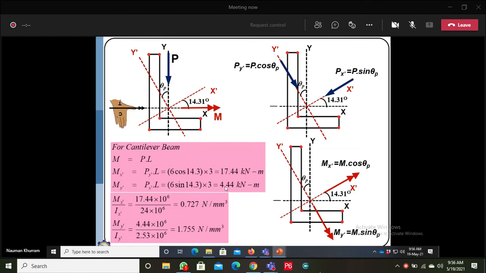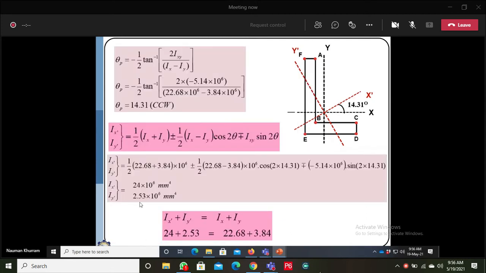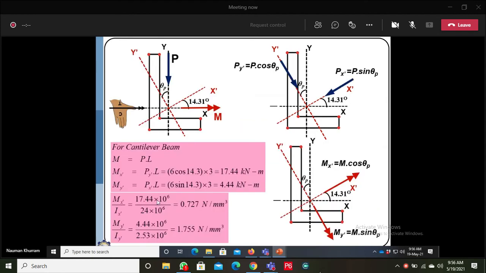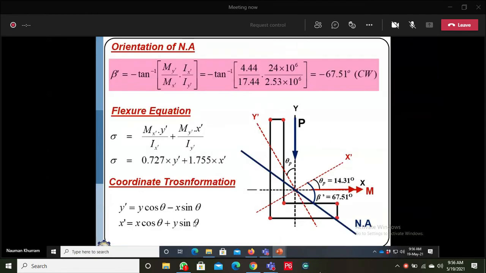My bar is 4.44 into 10 to the power 6 newton millimeter, and Iy bar is 2.53 into 10 to the power 6. So the answer is 1.755. Now we substitute the values here: Mx bar over Ix bar is 0.727 and My bar over Iy bar is 1.755 times x bar. So this is a general equation.